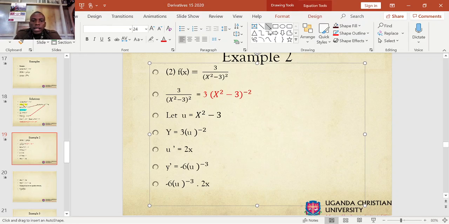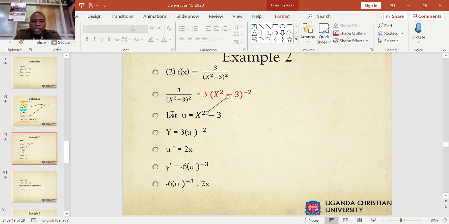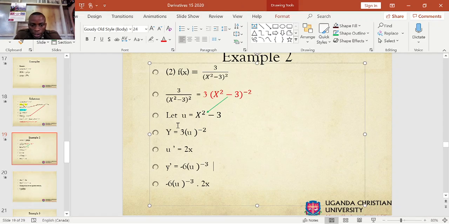Then the outer function will be 3 into u to the power negative 2. This is the outer function, but recall the outer function has a u inside. So just put that u inside. You don't deal with it while you are differentiating, but rather you recall it and always refer to it. So this is our u.